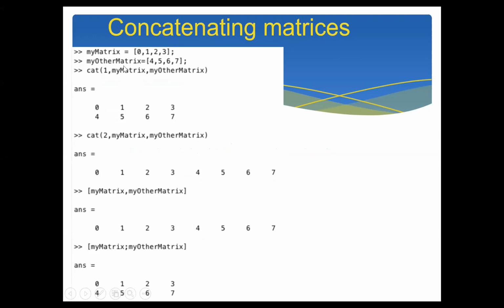And one way is to use a function called cat. If you cat them along the row, you just type cat1 and these two matrices or two vectors. And then these two vectors will be aligned by the row. And if you use cat2, they will be aligned by their column.